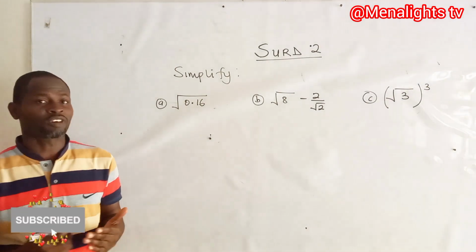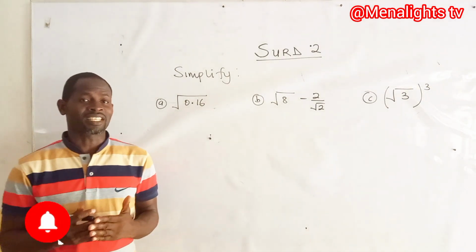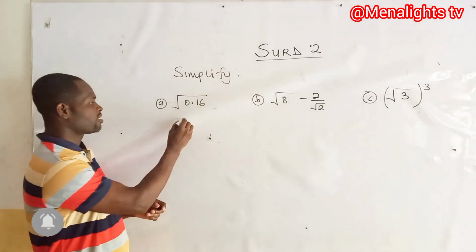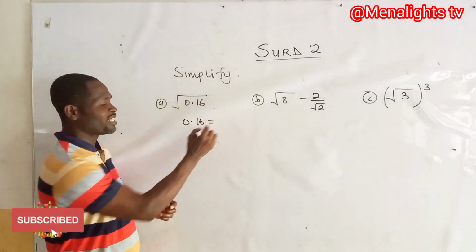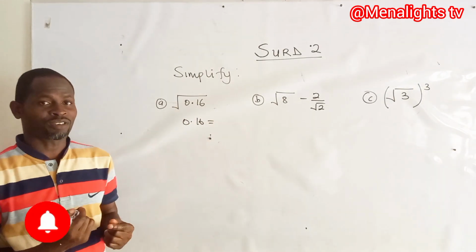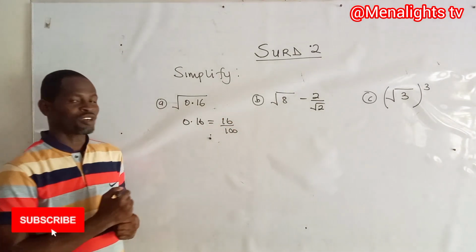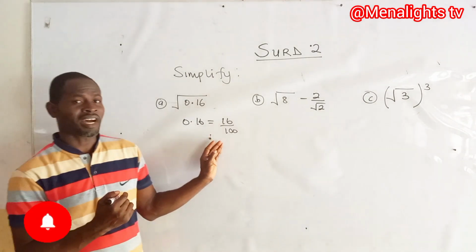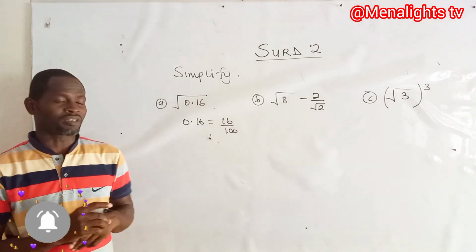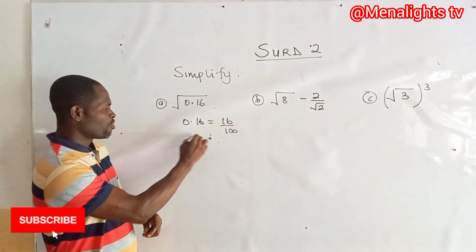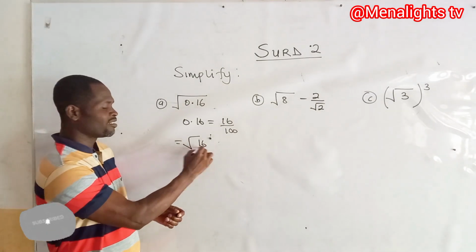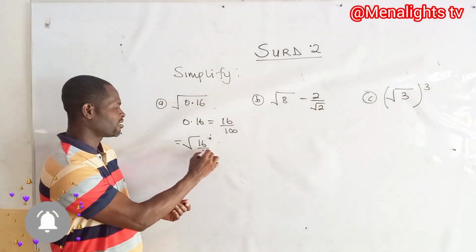First one, we have the root of 0.16. And we know that 0.16 is the same as 16 out of 100. So we have the 16 out of 100 here. Now we are going to put this 16 out of 100 back under the square root. So we are going to get 16 over 100.